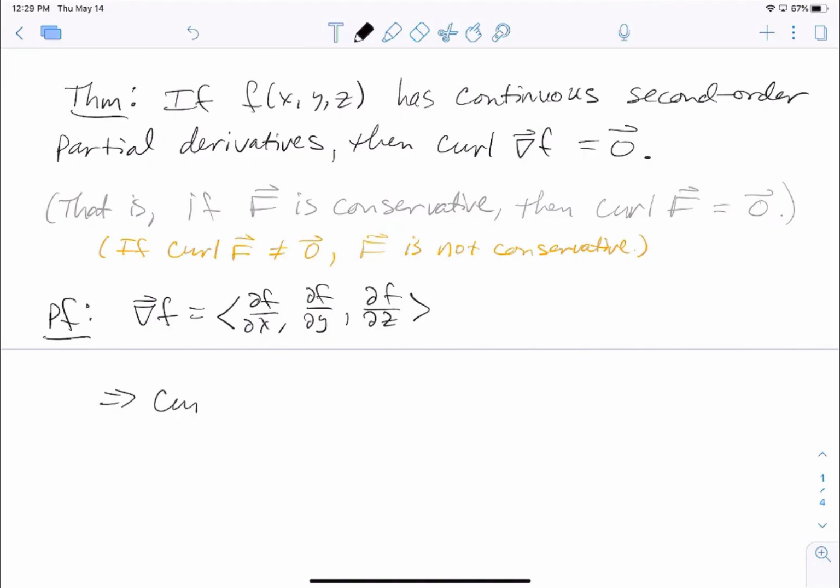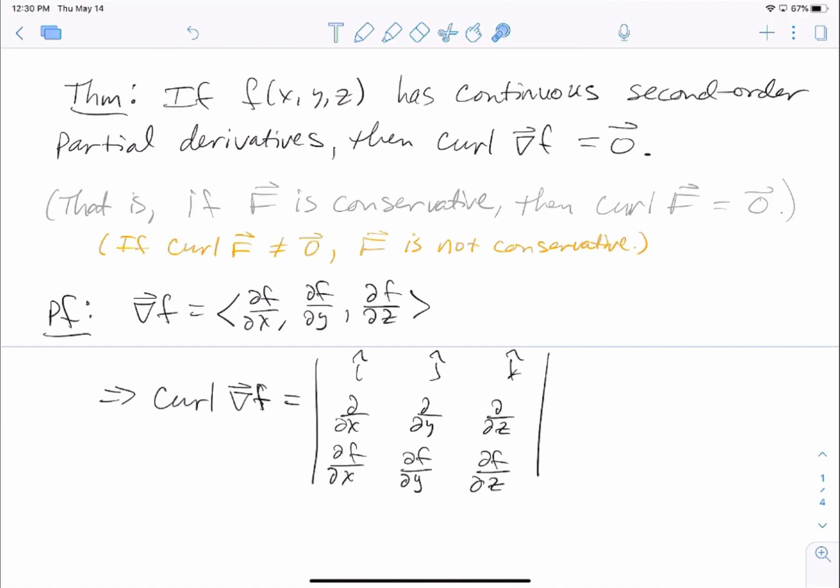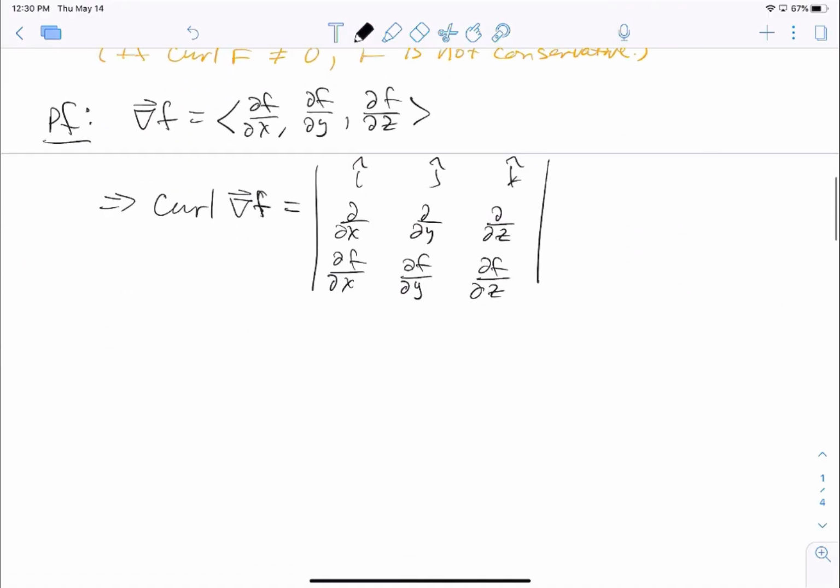So that means that the curl of del f is equal to, as we just saw, a determinant, the top row of which is i, j, k, the second row of which is the del vector, so the partial with respect to x, with respect to y, with respect to z, and then the bottom row would be del f, which is the partial of f with respect to x, and then y, and then z. By computing this cross product, we're going to find our components, so I'm just going to set it up here: i, j, and then k.